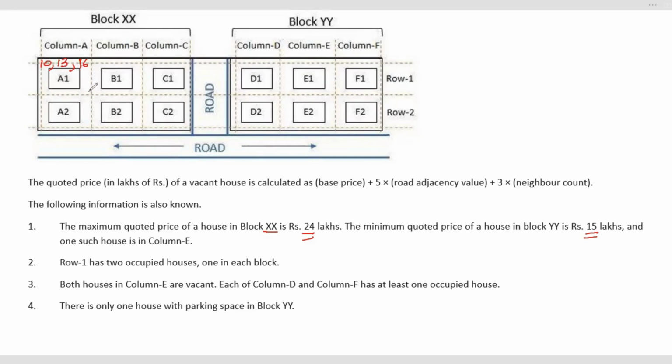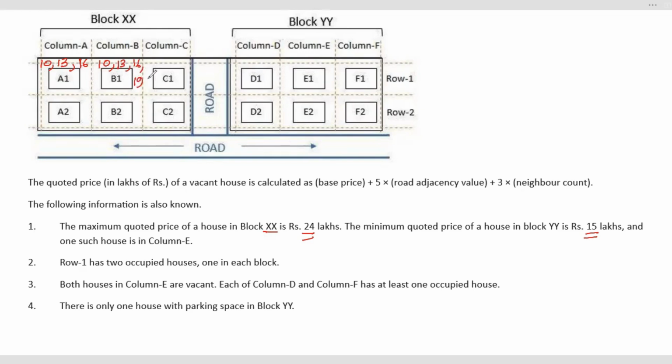No road is there. Same thing if I do for B1, I will get the prices, which would be nothing but 10. There is also no road. So there will be 4 values: 10, 13, 16, and 19.